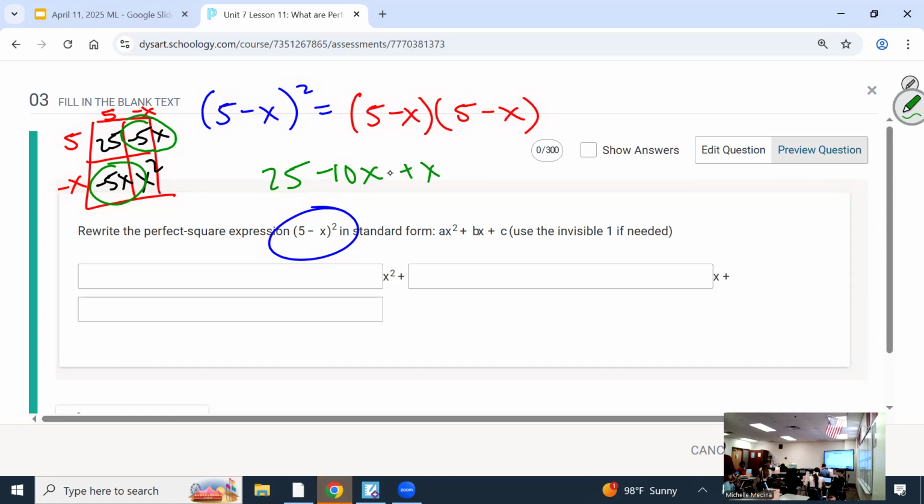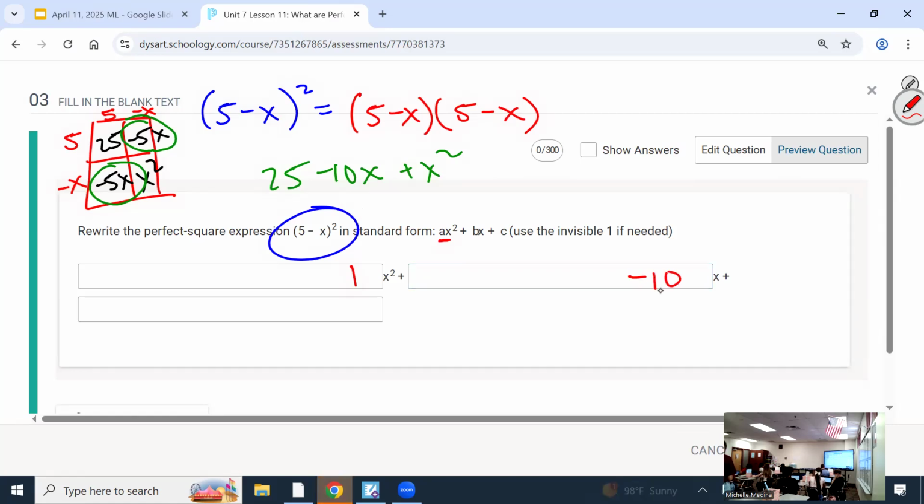You can put it in the correct order, or you could just look, a is always in front of the x squared. So what number is in front of the x squared? So the 1 will go here. What number is in front of the x? Negative 10. That will go here.